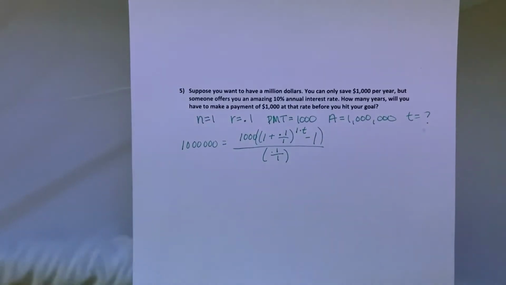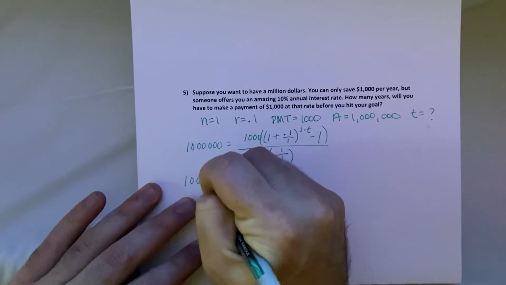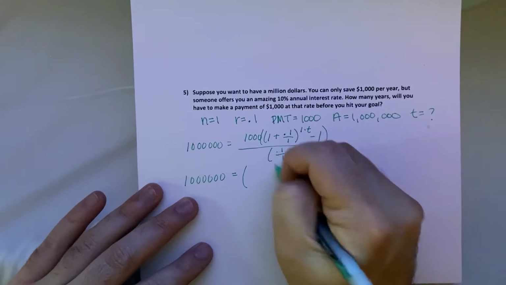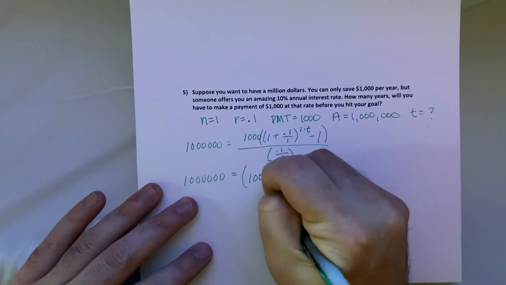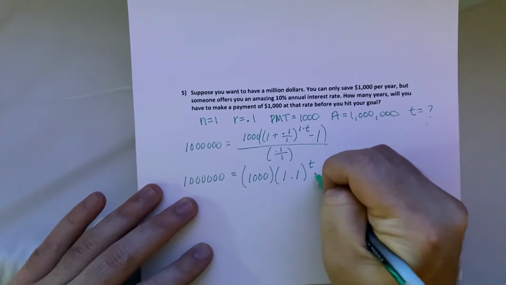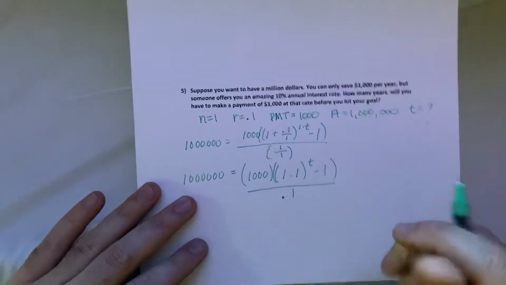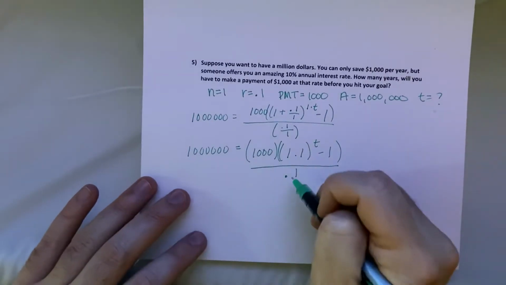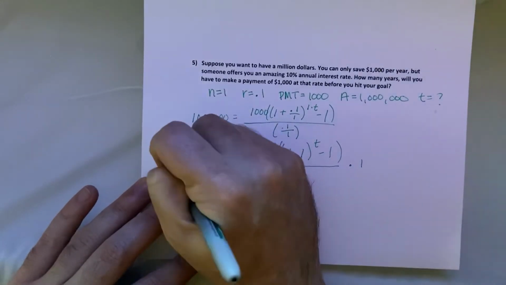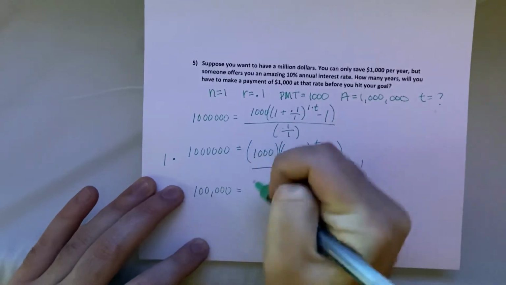So I've got to solve for t, so I need to unwrap what's happening here. This is 1,000,000 equals 1,000 times 1.1 to the t minus 1, all over 0.1. To get the 0.1 to the other side, I have to multiply by 0.1. So that gives me 100,000, because that's the same as dividing by 10.